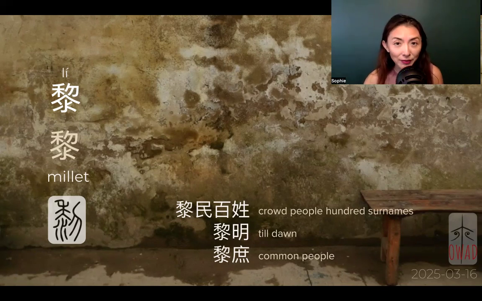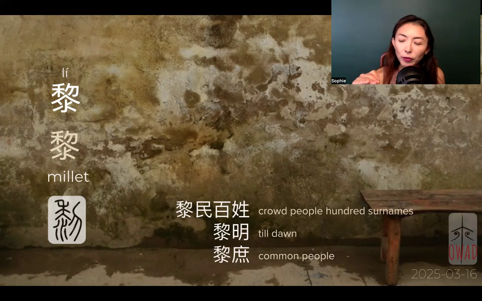And in Li Min, Min means people, and this Li, I translated as crowd, because just like millet was used as a glue, millet could be used in other functions as well. And it implies that there are multiple of them, just like the footwear sole, you use multiple layers stacked up to make the ancient sole of your footwear.